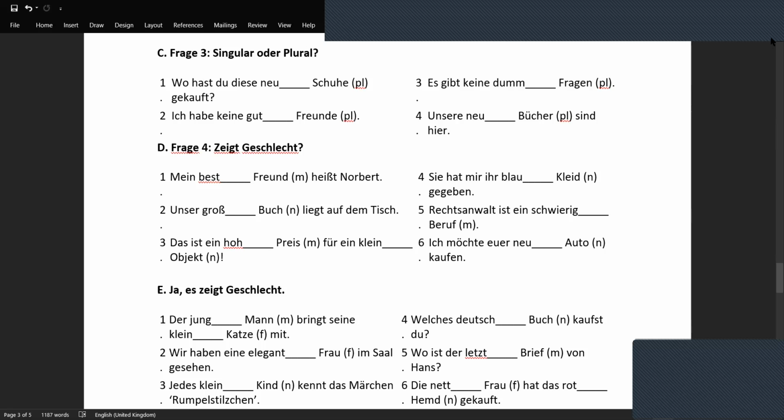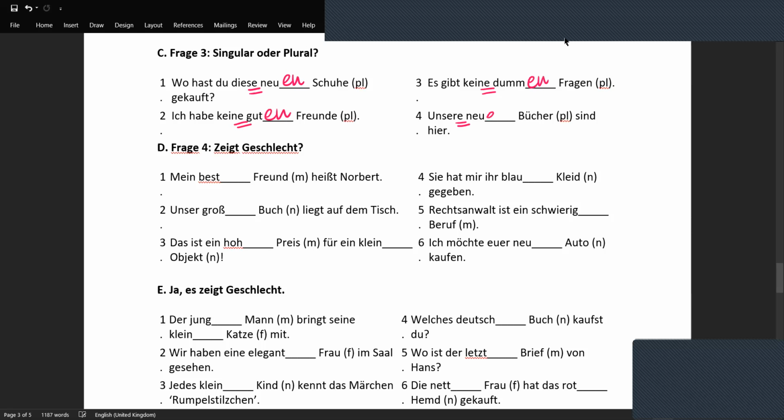So the case with plural is easy because now that we know how to identify a singular and a plural form of a noun, while the article does confirm that the noun is plural, there is a chance that it could also be feminine, right? Because in accusative and nominative, the article for feminine and plural are identical. But when we do take a look at the nouns, we do know for a fact that it's plural, for which the adjective ending is just en.